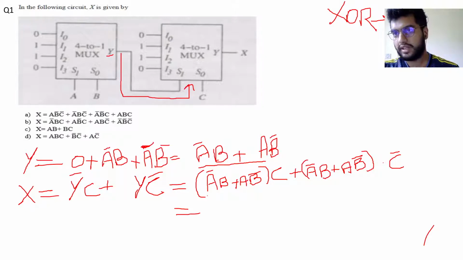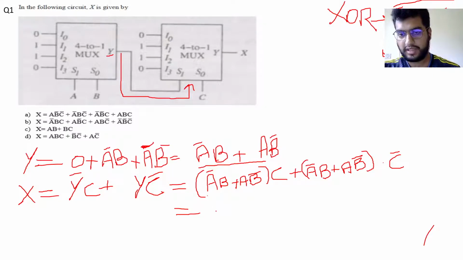XOR is simply A bar B plus A B bar, and once you complement this thing, it becomes XNOR, which is AB plus A bar B bar. So I'm saving a few steps here, so I can directly write this.